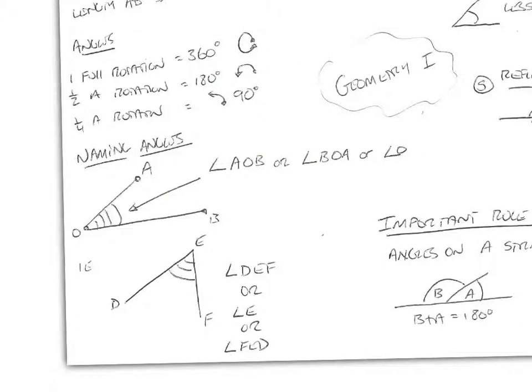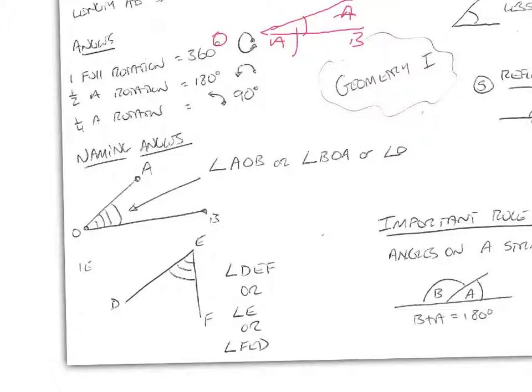So let's look at angles, and we'll just remember that angles are measured in degrees, and that's the symbol for degrees. Basically, when we're talking about angles, if we have a straight line AB and we rotate AB up to another position, this generates or creates an angle in here.